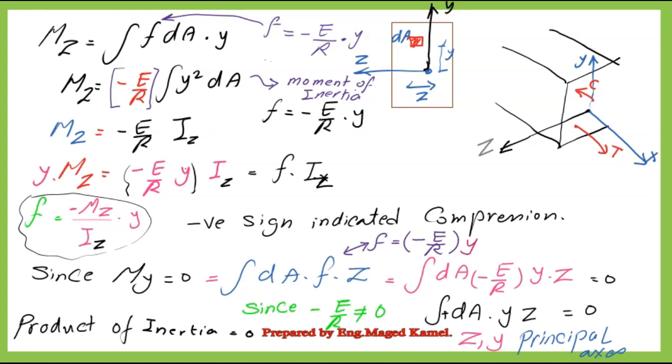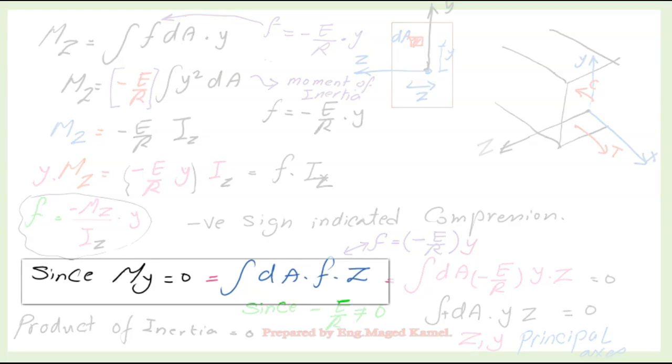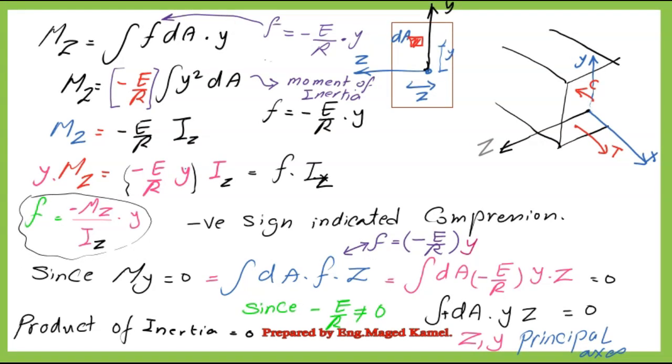Now, we notice that we do not have a moment about the y-axis. If we write the expression in terms of stress, then m sub y equals the integration of dA by stress f by the distance z.